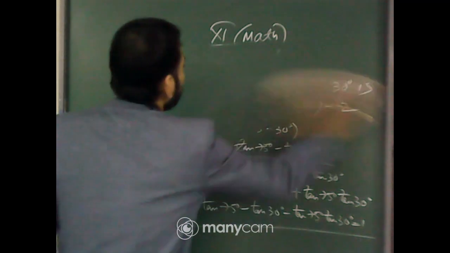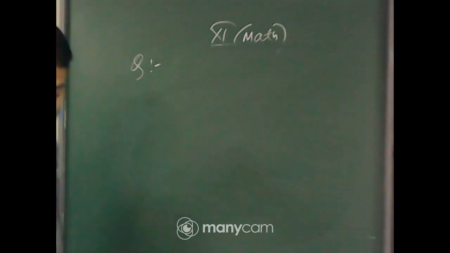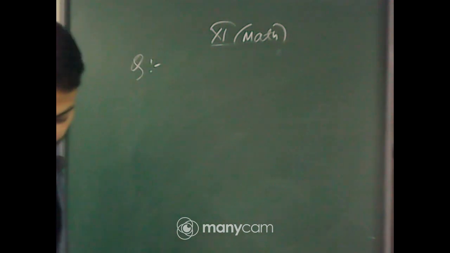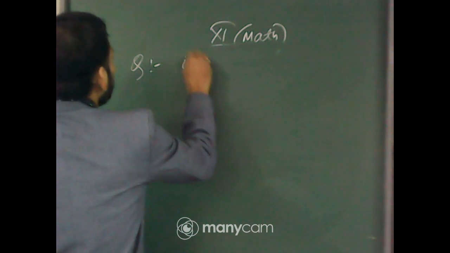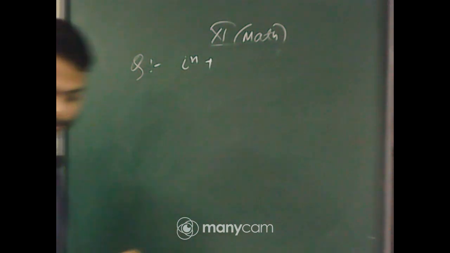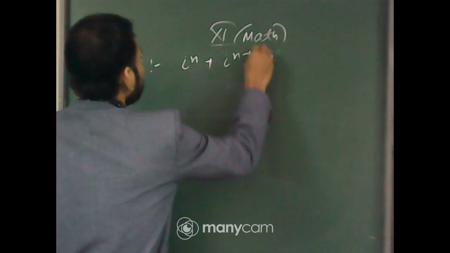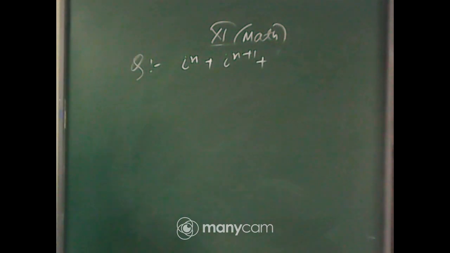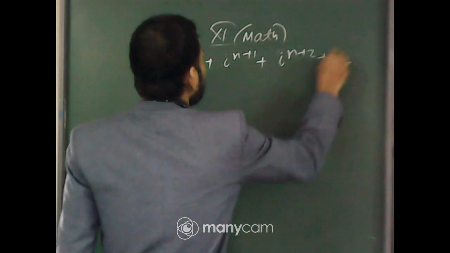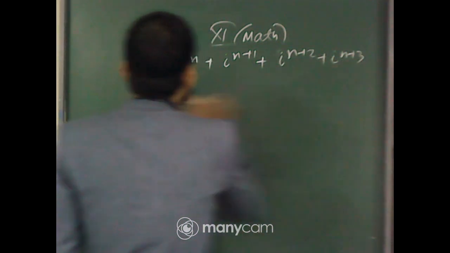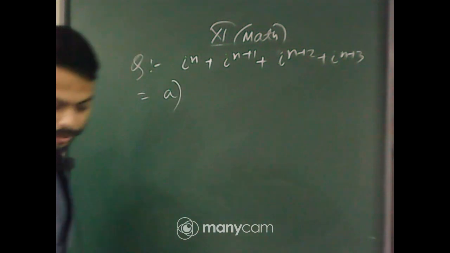Question number 4. I to the power n plus I to the power n plus 1 plus I to the power n plus 2 plus I to the power n plus 3 equals, the options are 1, 0, minus 1, 2.